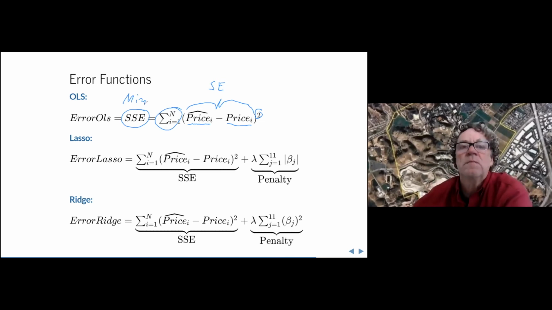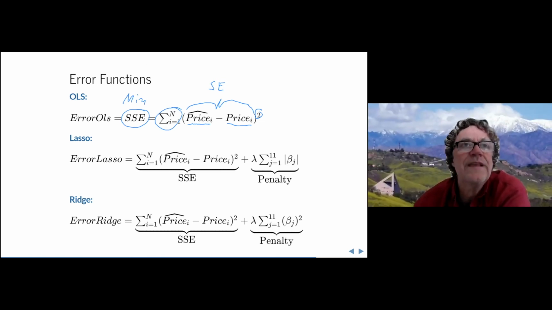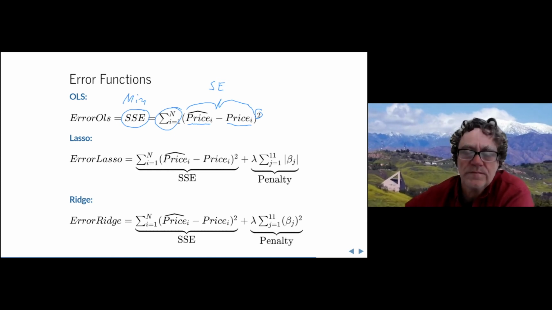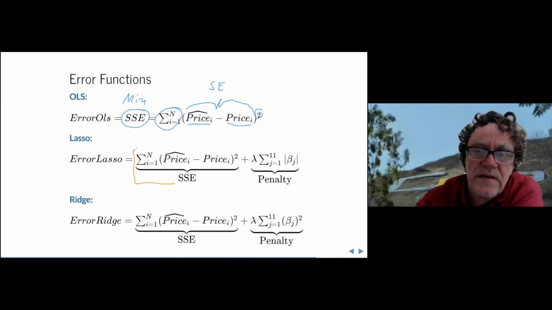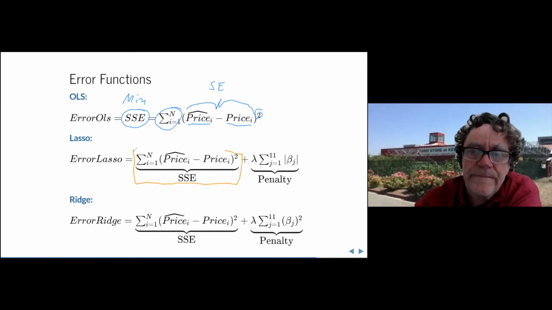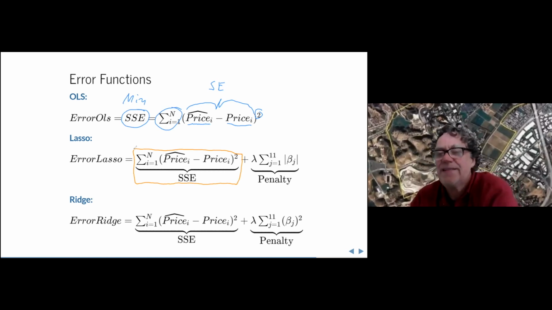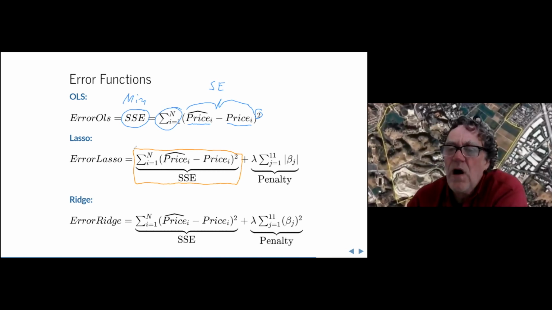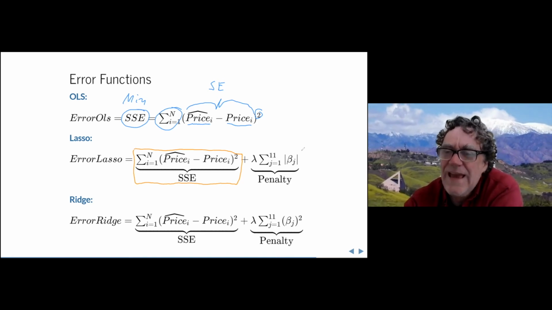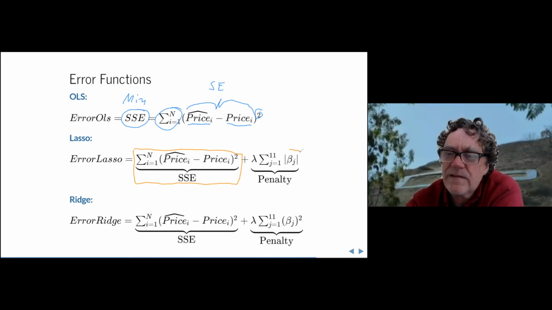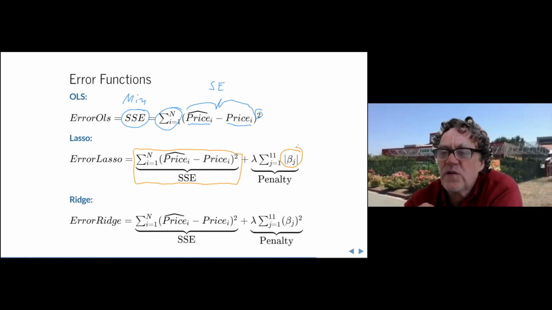Okay. So what do we do with Lasso? With Lasso, we have the same term here. So nothing new. But we want to give Lasso an incentive to lower our betas. So what we do here is we add up all our betas, but a negative beta is considered positive.